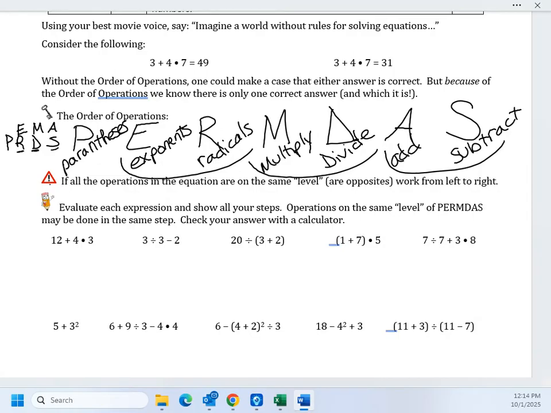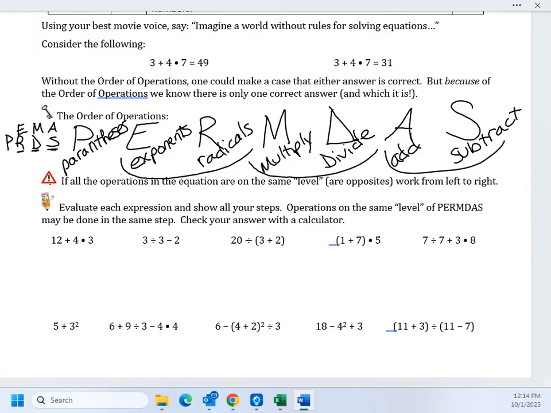Because it doesn't matter which one you hit first. We just can't make a word out of that. So, parentheses is always first. Inside the parentheses, you follow the order of operations. So if you have adding and multiplying, you follow the order of operations inside the parentheses too.